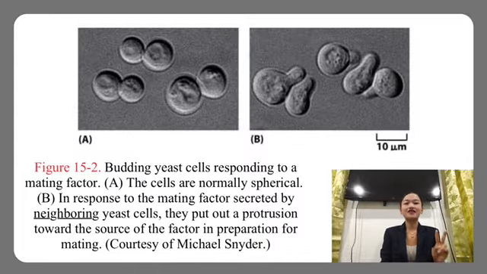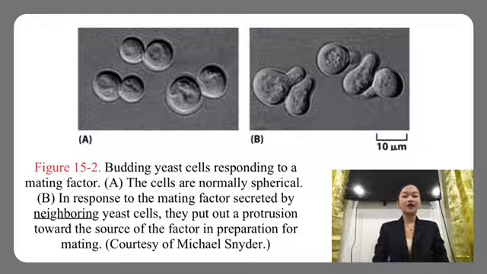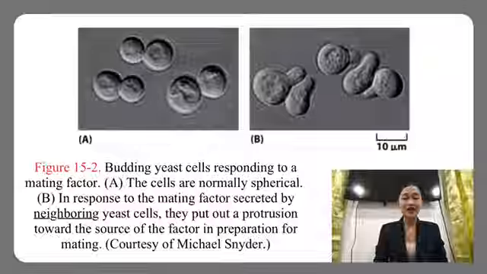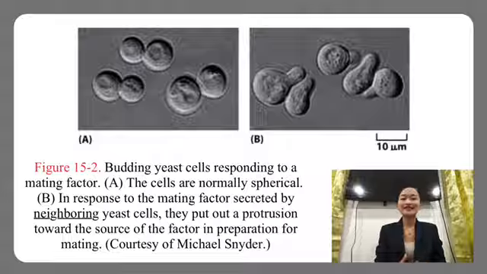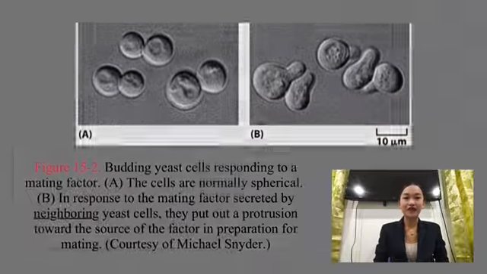When two opposite cells join, they form a diploid cell, which can later produce new cells with different gene combinations, helping the species to adapt and survive. This shows that even simple organisms like yeast use communication systems similar to those of humans, showing that cell signaling is a fundamental process of life.